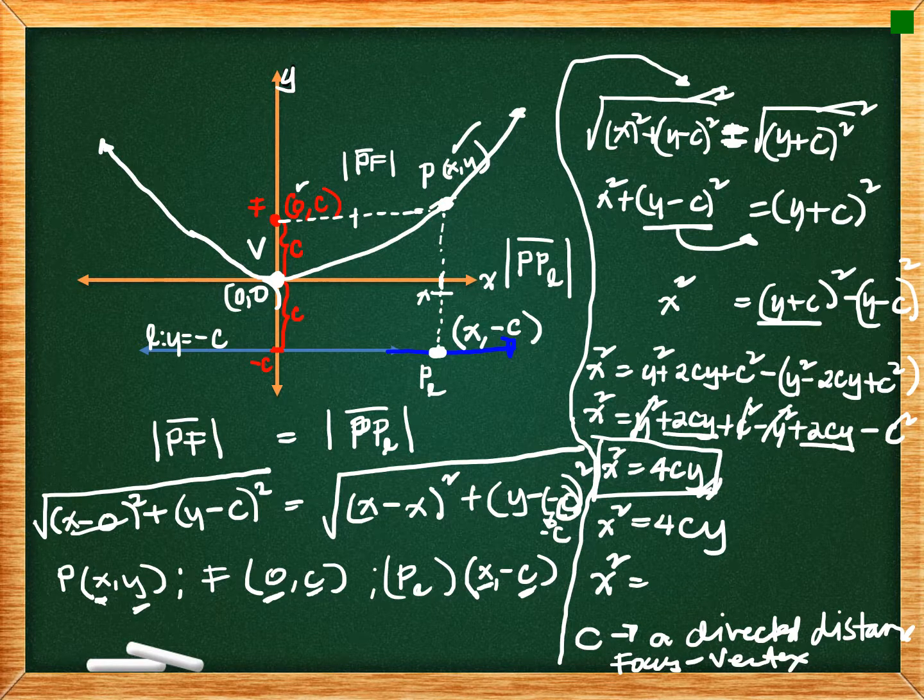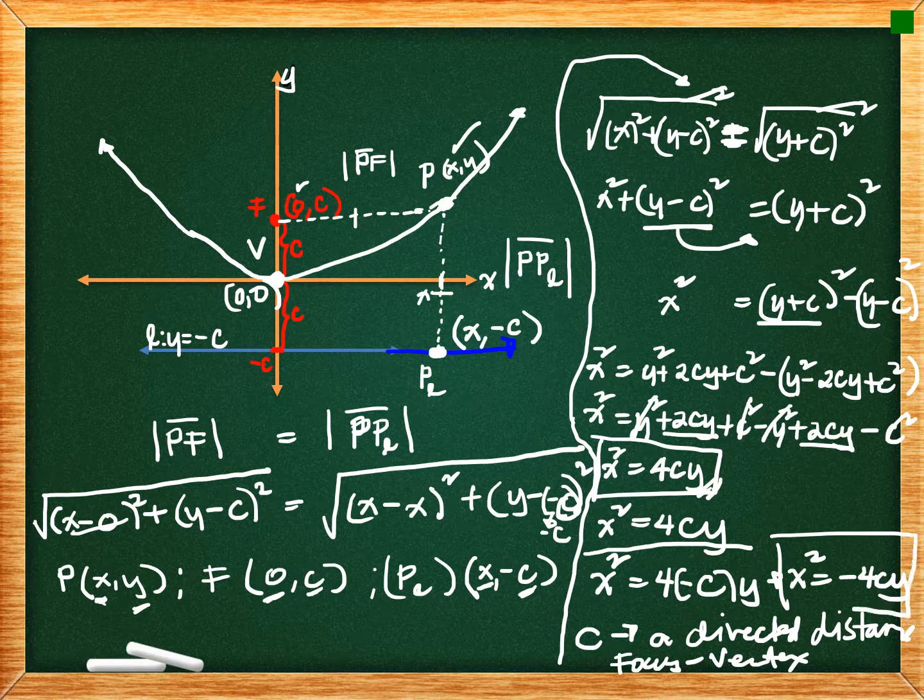Alright, so if c is positive, it means the graph is opening upward. C becomes positive, so that would be x squared equal to 4cy, that one. So if it goes downward, this would become 4, and your c is negative because your distance now is going down. So since it's a directed distance, that becomes negative. And so you have x squared equal to negative 4cy.